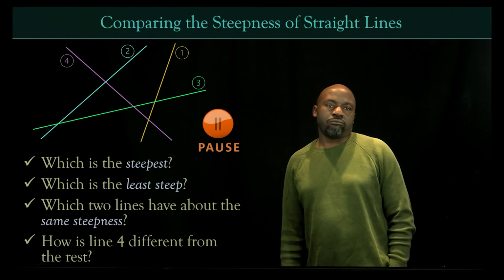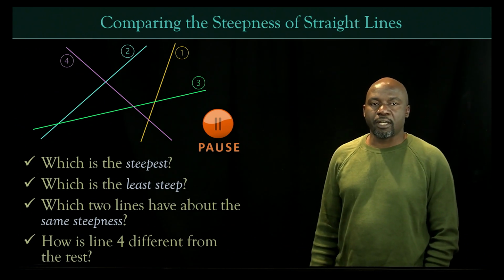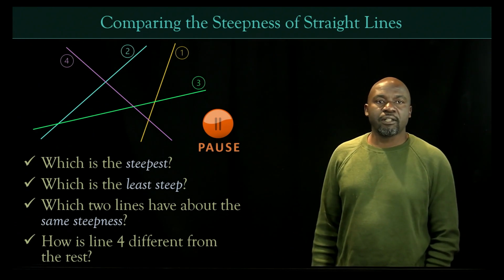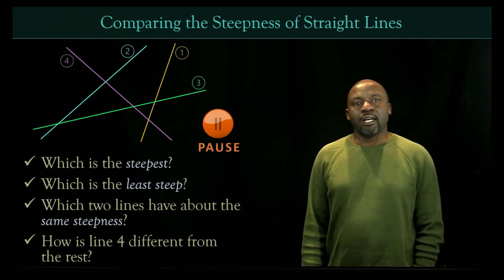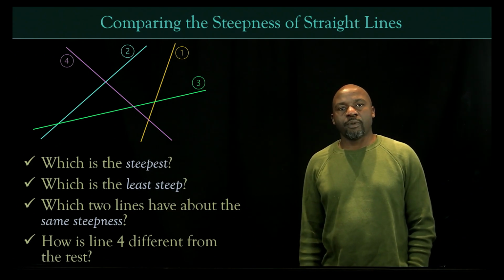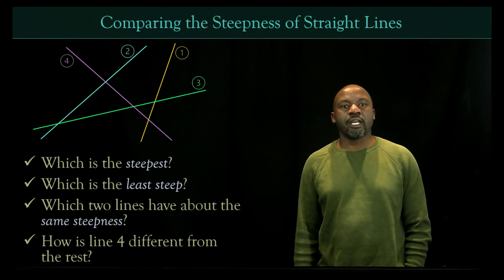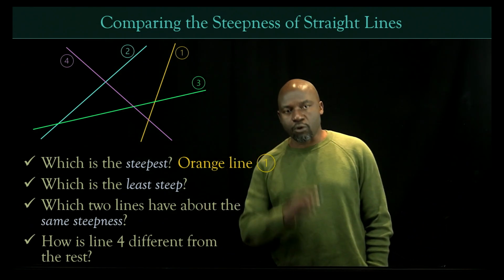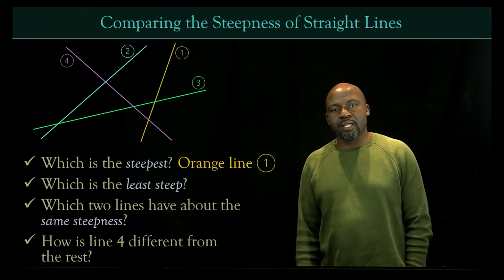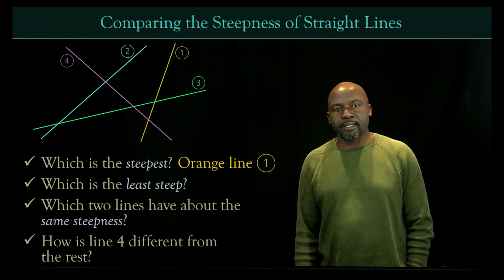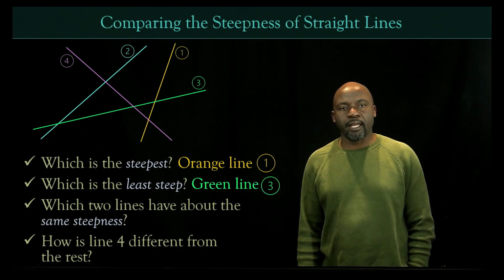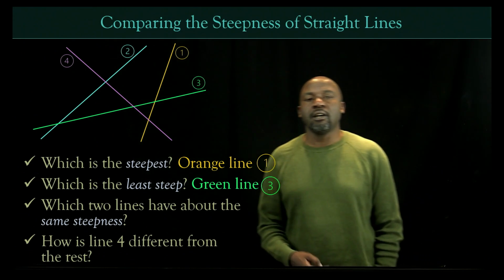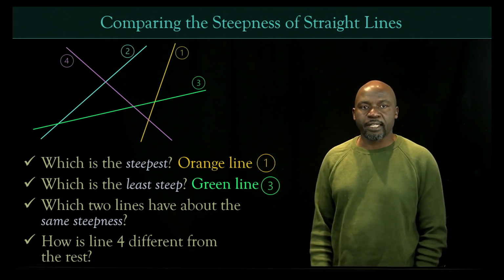Okay, if you've answered the questions, I'm hoping that you've determined, based on your understanding of steepness, that line number 1 is the most steep. That is, the orange line is the most steep, the most inclined. And the one that is least steep is line number 3, the green line, if you go by the understanding of steepness as we know it in spoken English.